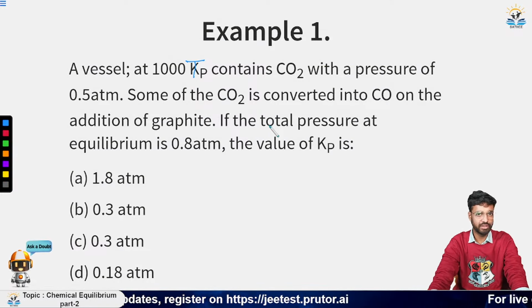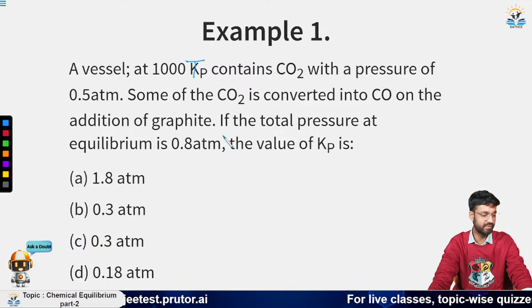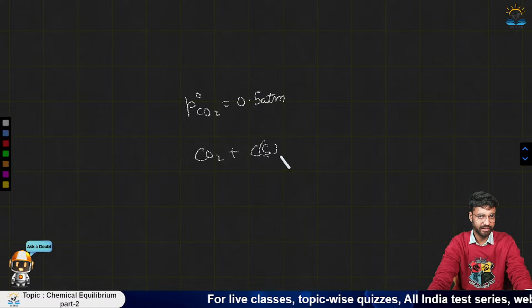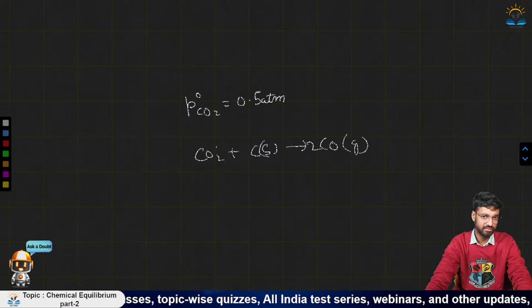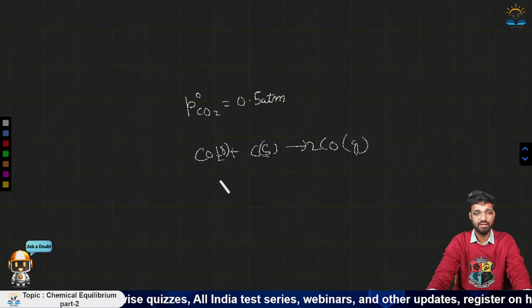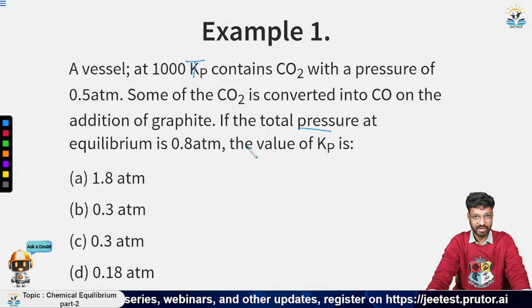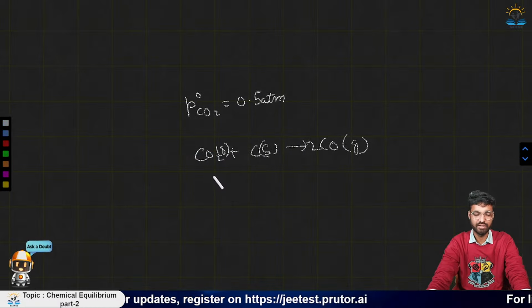Now some of the CO2 is converted into CO on the addition of graphite. So what is the equation? CO2 on addition of graphite gets converted into 2 CO for the balanced equation. It will be gaseous. Okay. Now the total pressure is kept at 0.8. So it is the equilibrium pressure: at equilibrium this pressure is 0.8.